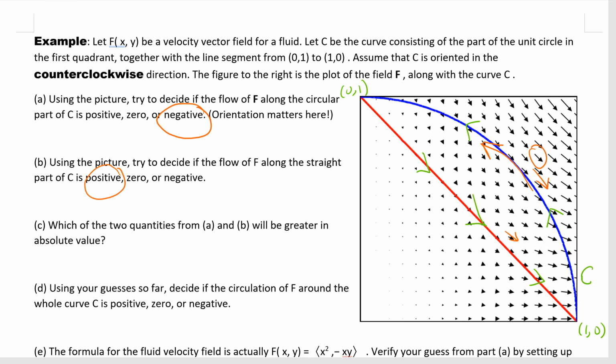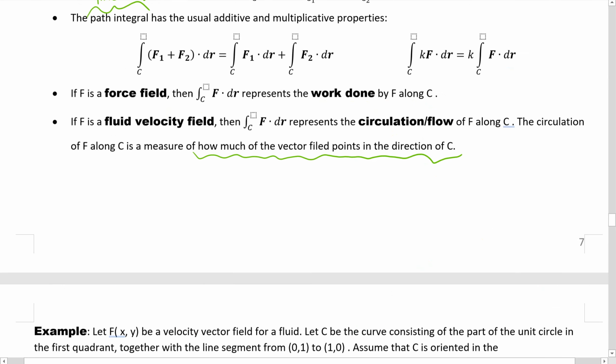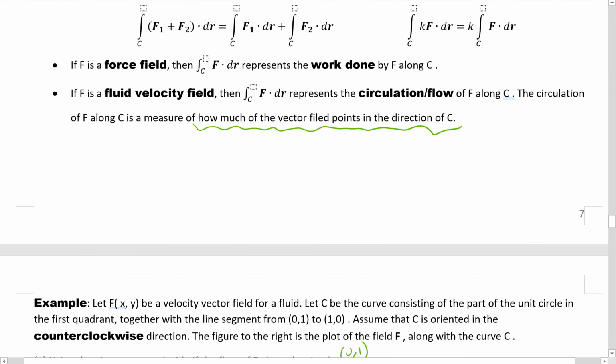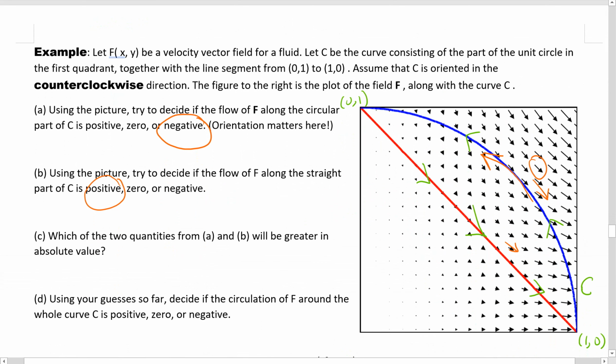Which of the two quantities from A and B will be greater in absolute value? Okay, now let's see here. Which one is greater? Here, we look at the blue one.